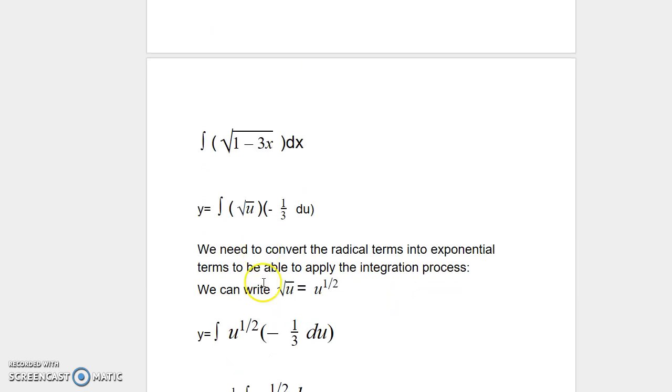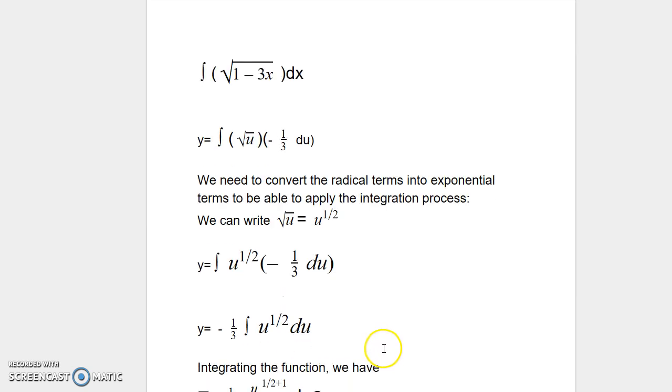Now we need to convert the radical term into an exponential term to be able to apply the integration process. So square root of u we can write as u to the power of half. Once we have it in exponential form, we should be able to integrate it using the rules of integration.